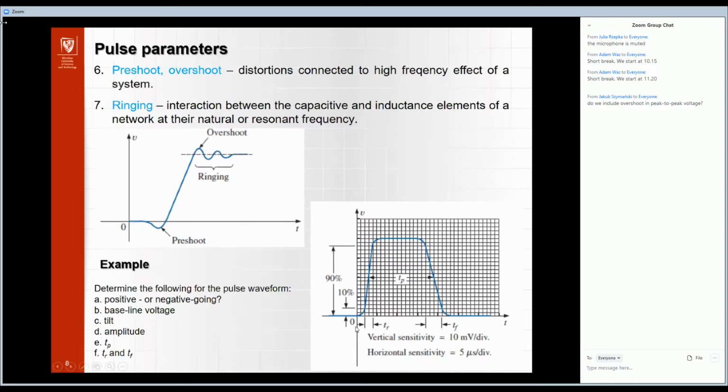It is equal to 2 microseconds, and for tF we have 1, 2, 3, 4, so it's 20 microseconds. And so we have here the answers. I made a mistake because the biggest is 5 microseconds, so it's 4 and 2.